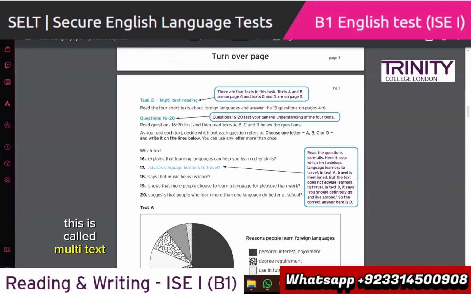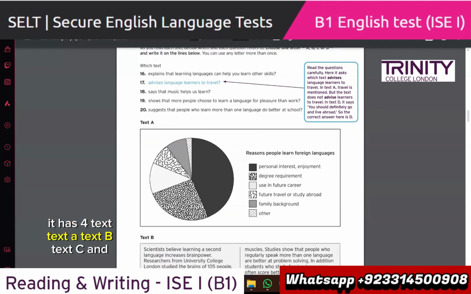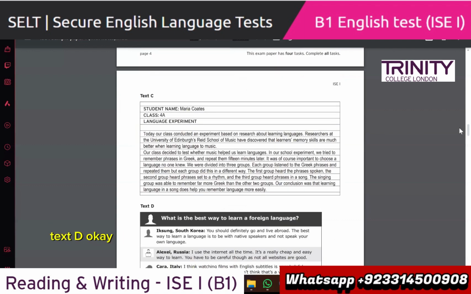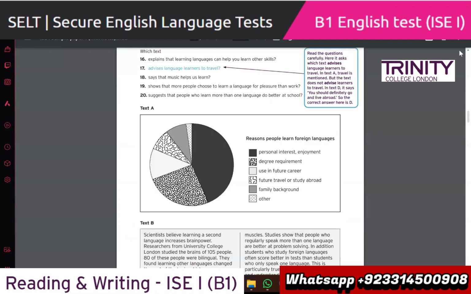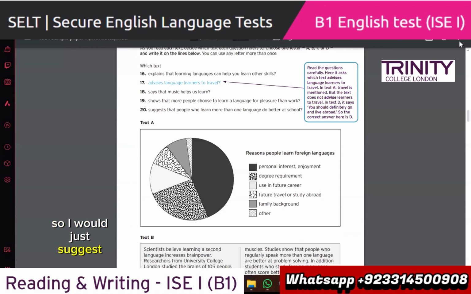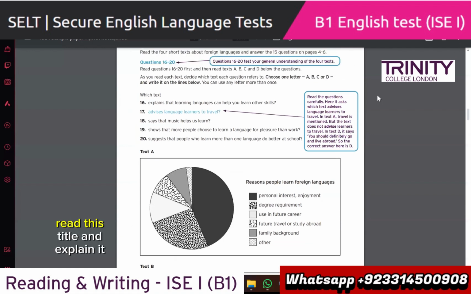This is called multi-text reading. It has 4 texts: text A, text B, text C, and text D. So I would suggest that you read this title and explain to me what you have to do in 16 to 20.